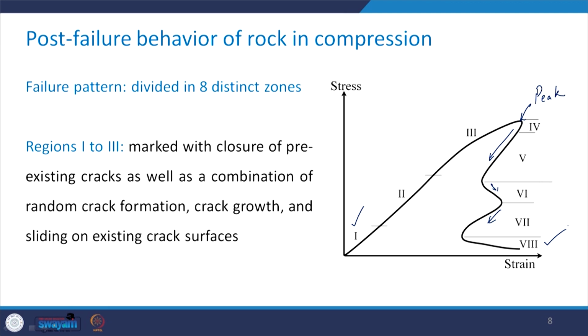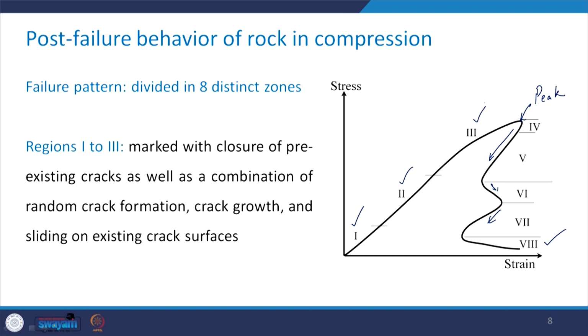Regions 1, 2, 3, what happens when you apply the load in the very beginning? When these loads are applied, some of the existing cracks close. That is, they were already there in the specimen. So upon the application of the load, first there is some closure, then there is going to be some random crack formation, and as you keep on increasing the load those cracks will propagate.